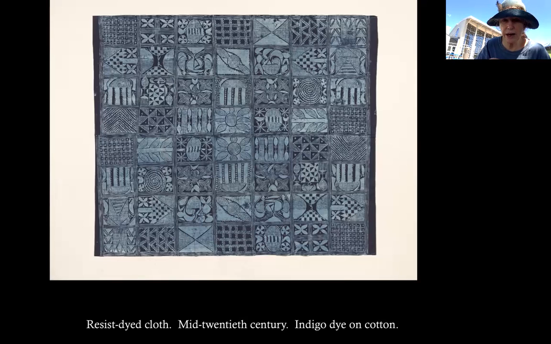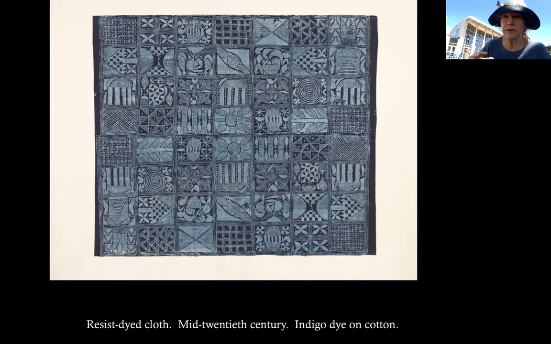And in this case, we have what's called resist dyed cloth, where the design is drawn onto the cloth with a resist. In this case, a paste made out of a type of potato called a cassava. So there's this kind of paste that Nigerian artists use to draw on the fabric, and that blocks the dye.